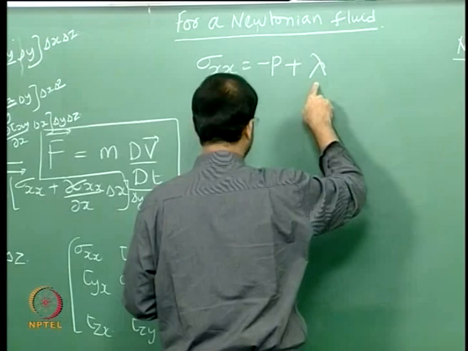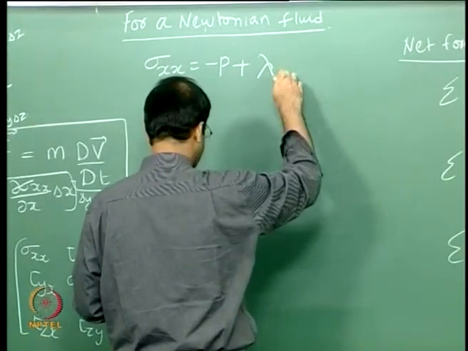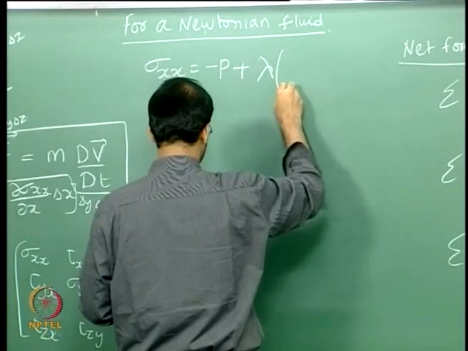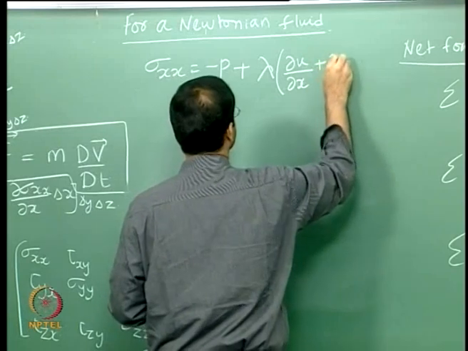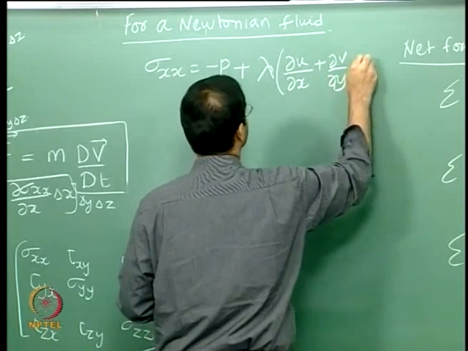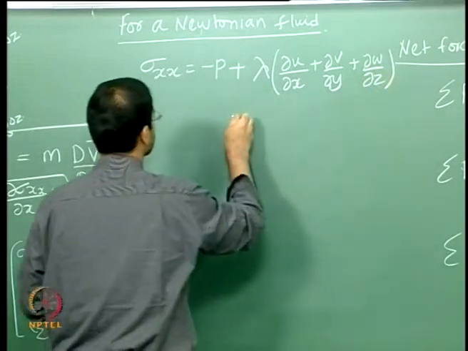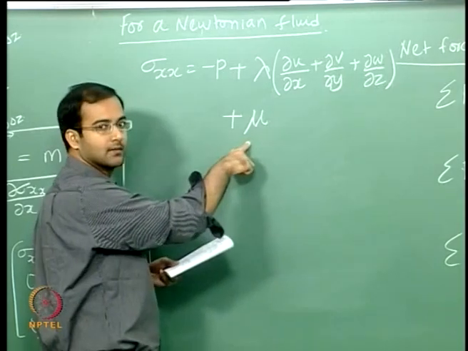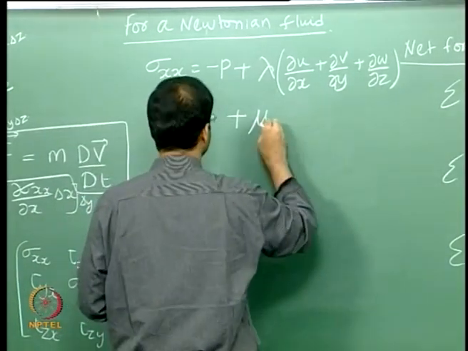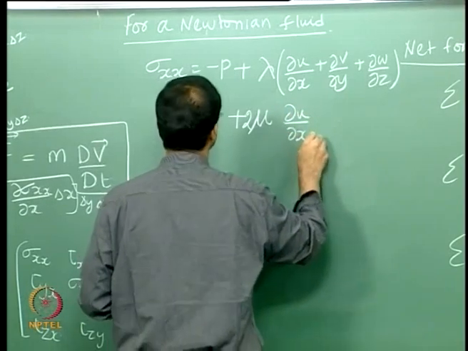I am going to use the symbol lambda for one coefficient of viscosity. In fact, it is usually called the second coefficient of viscosity, times the divergence of velocity, which in Cartesian coordinate system, if you expand, it will be like this, plus you have your main coefficient of viscosity nu. So there will be a 2 nu du by dx.